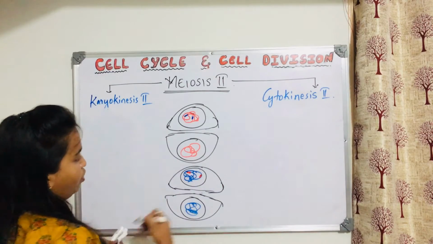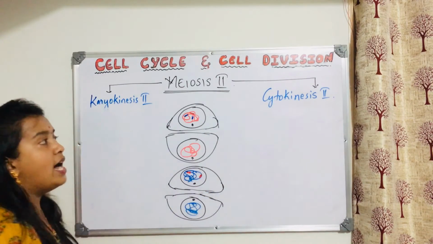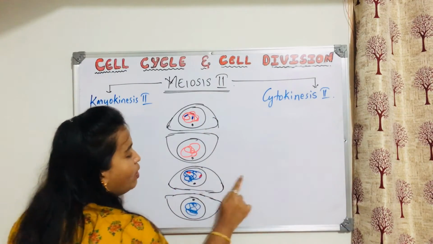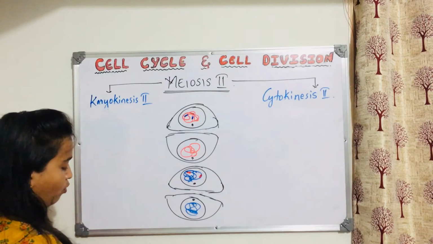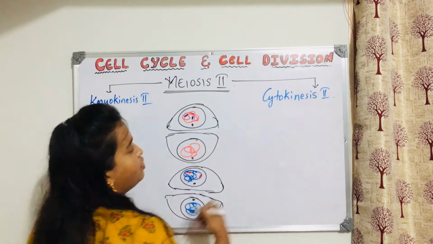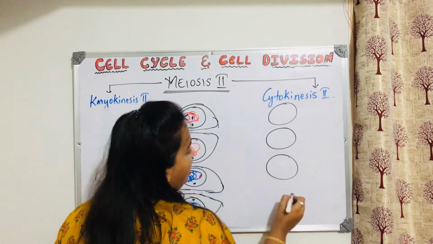Sorry, I did not show you the nucleolus here. Okay. Now, what you can see is this becomes one cell, this becomes one cell, this and this. See, all the 4 cells we will see. Cytokinesis 2 leads to formation of 1, 2, 3 and 4.